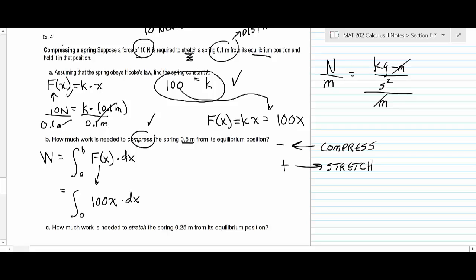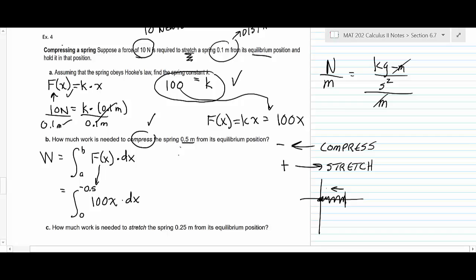So you're compressing this, and think of it as going in a negative direction. You have your spring going like that, but you're compressing it in that direction, so you have to use negative 0.5. And it's okay that the order of the integration is that way. If that problem was stretching, then we would use 0.5. So compressing just means we're moving in the negative direction.